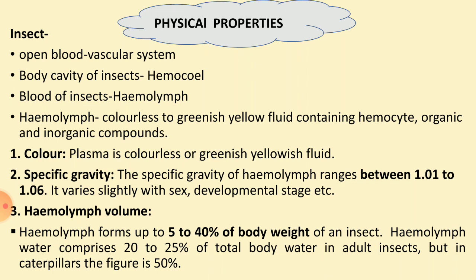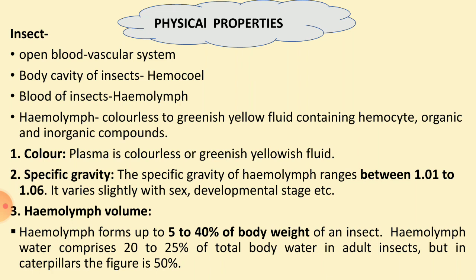The second physical property is specific gravity. The specific gravity of hemolymph ranges between 1.01 to 1.06. It varies slightly with sex and developmental stages, etc. The third physical property is hemolymph volume.